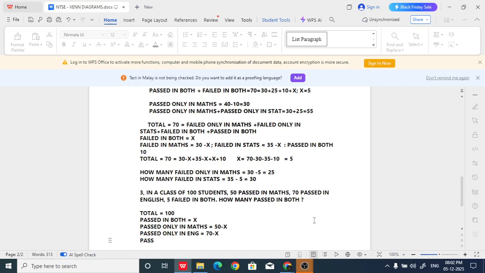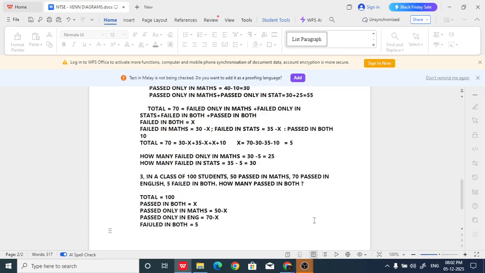Passed in both, x. Failed in both, 5. So the total 100 is equal to people who passed in mathematics, 50 minus x, people who passed in English, 70 minus x, people who passed in both, x, people who failed in both, 5. Now you find x.